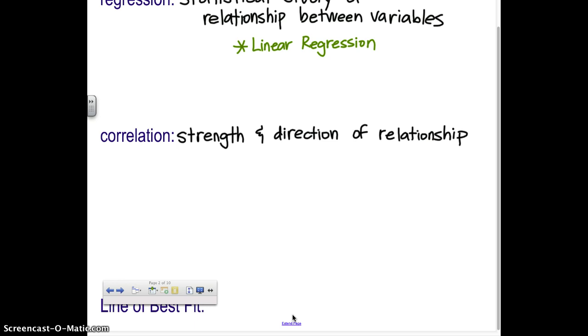When we talk about the strength, we can say data is either strongly related or strongly correlated, or it's weak. Strong means that it's all gathered kind of around the same place. Weak means that it's not so much. Okay, so we're talking strong or weak.